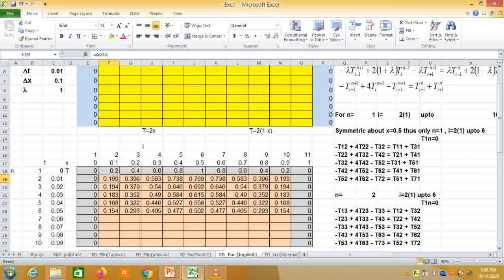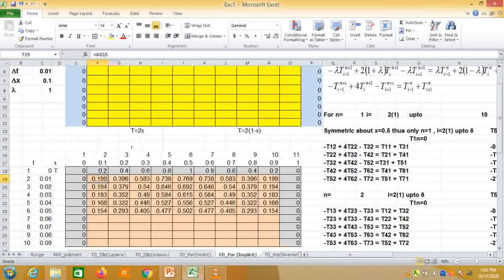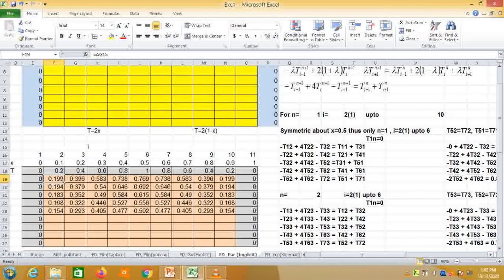So using this set of equations, we can put in the equation which we have come up with, substituting lambda equal to 1, and find values.